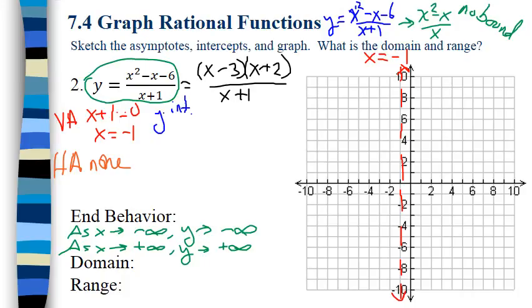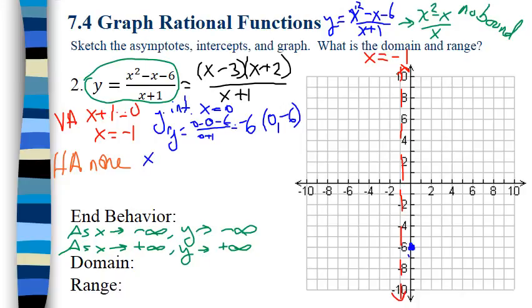At the y-intercept, x is always 0, so we can plug that in. So y equals 0 minus 6 over 0 plus 1. So that's going to be negative 6. So I know (0, negative 6) is a point on my graph, and I can graph that right away.